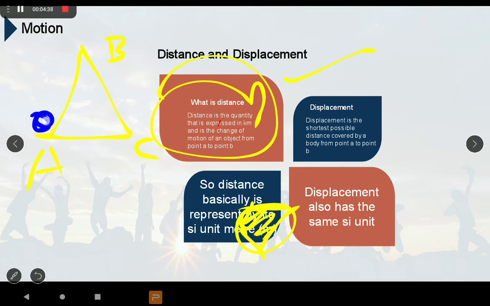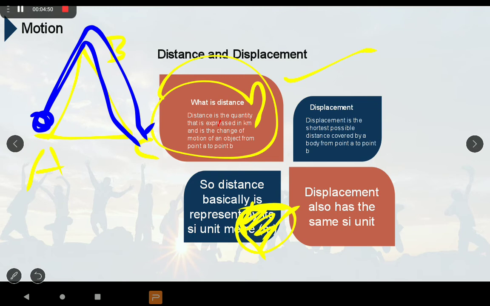Raman is standing at his initial position A and he has to reach his final position C. He has a route from A to B to C. So he chooses the easy method. He's a hardworking boy, right? So he chooses a long method.